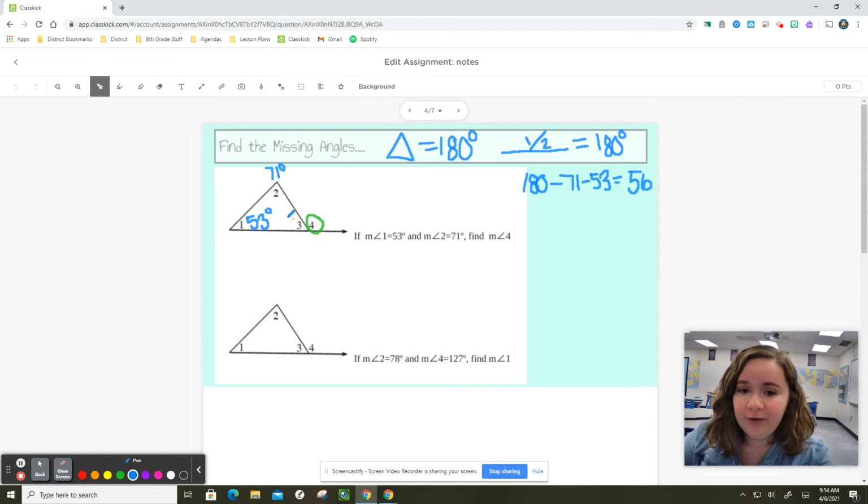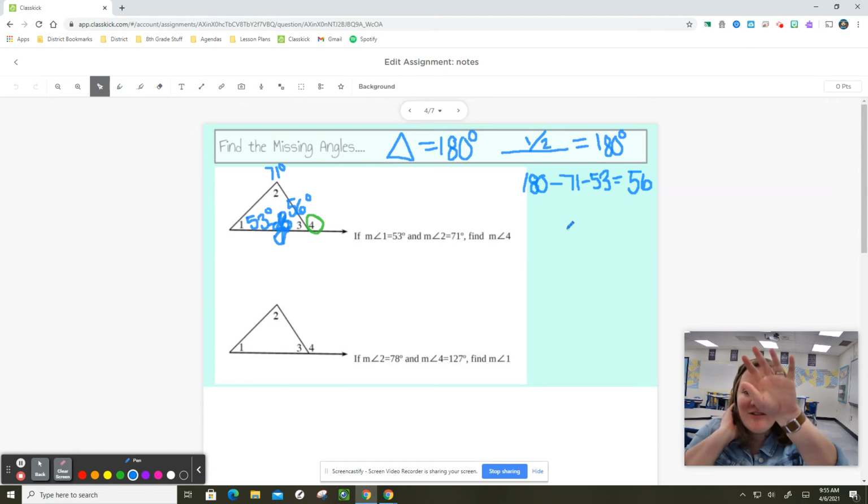So I know for a fact that angle 3 is equal to 56 degrees. Perfect. So now I have everything inside the triangle.